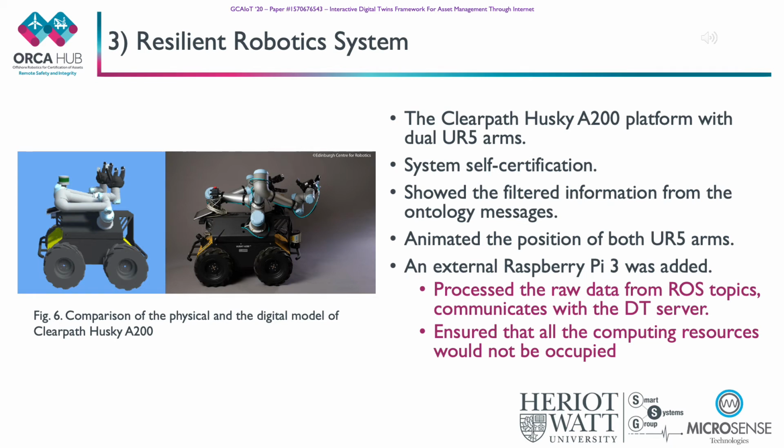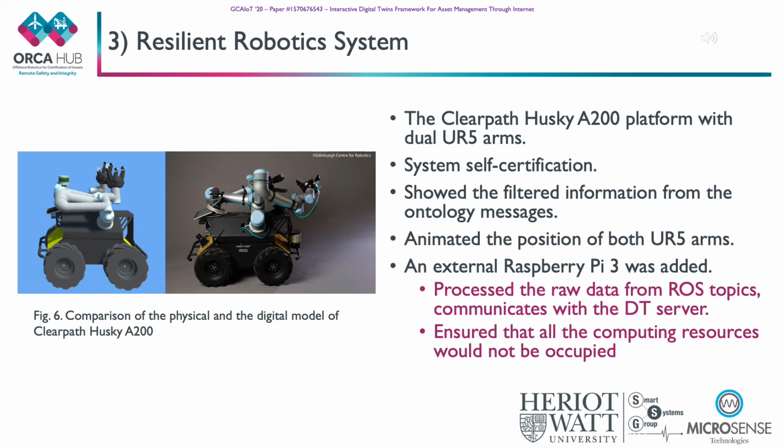This was a single application to show the filtered information from the ontology messages and to animate the position of both arms. In this use case, an external Raspberry Pi 3 was added and tasked to subscribe ROS topics from the robot.